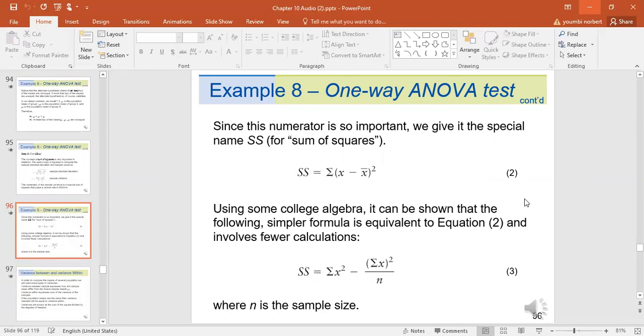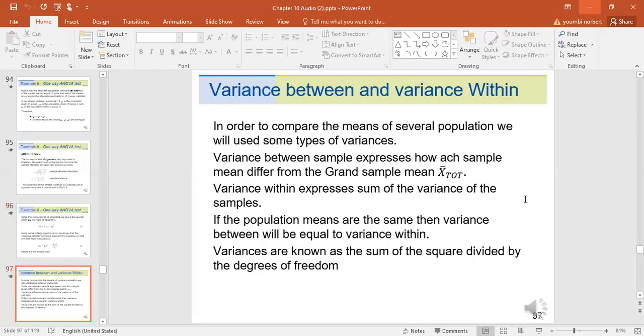So the sum of the square is that top difference, the sum of the square of the deviation. So we have two ways of expressing the sum of the square.